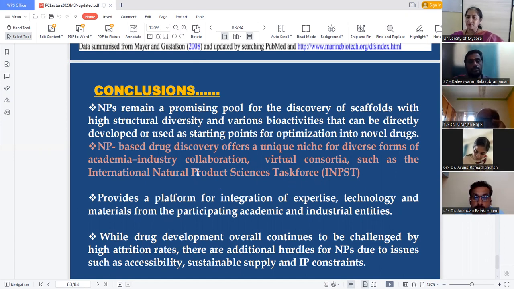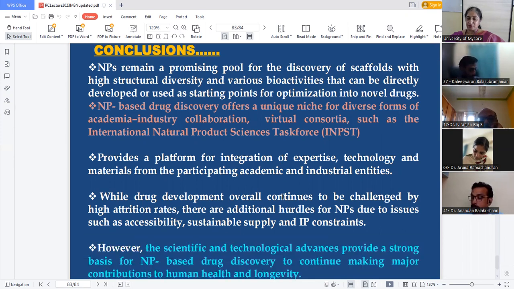It also provides a platform for integration of expertise, technology, and materials from the participating academic as well as industrial entities. And though we have several constraints in the production of natural product drugs, because of accessibility, sustainability, IP constraints, as well as sharing of patents because of biodiversity rights.